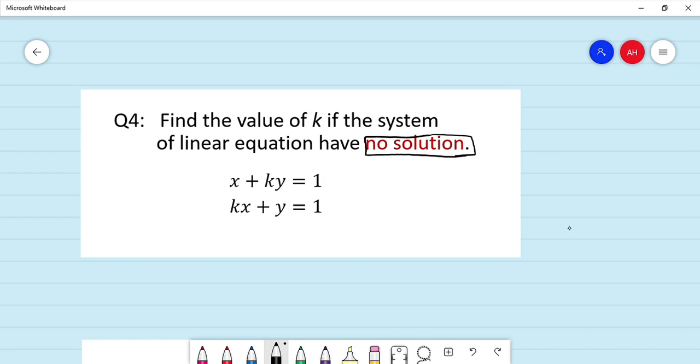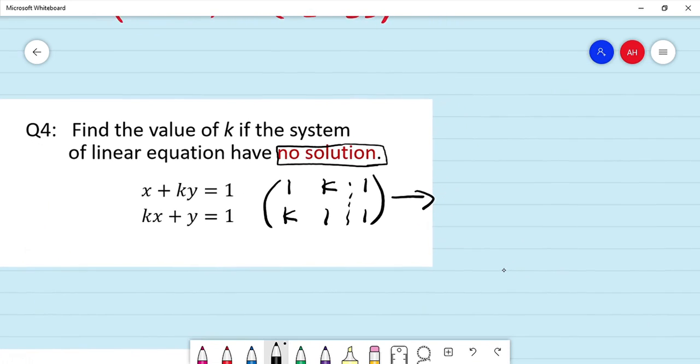That is, we write down the coefficient matrix: 1, k, 1, and then k, 1, 1 on the right hand side, like this.